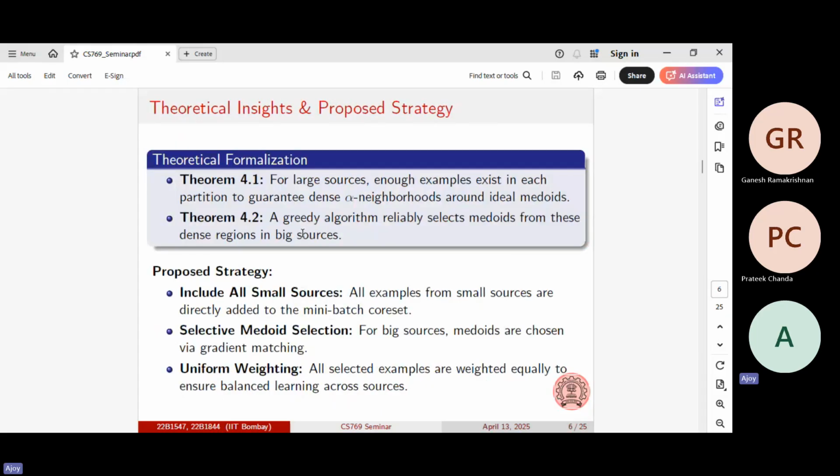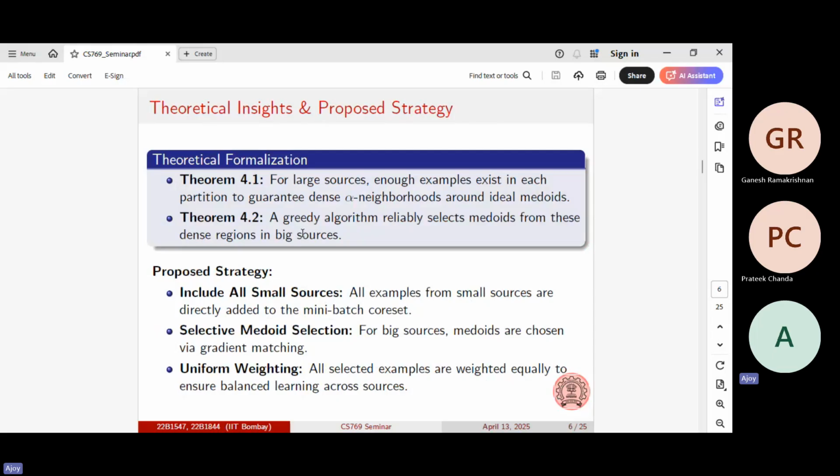To deal with this problem, the theory in the paper is that instead of using medoids for the small sources, we use all the examples of the small sources, so that the medoid problem is not there. Because they are already small, we can give all the examples, and that doesn't cause much problem.